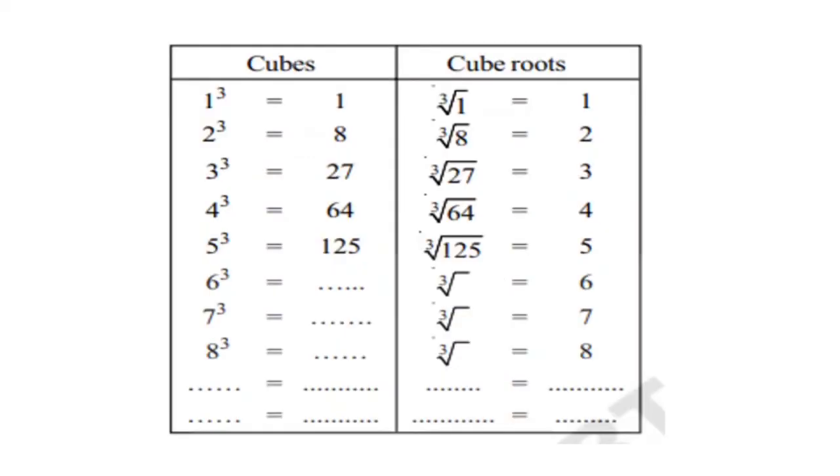Now, observe the table of cubes and cube roots. 1 cube is equal to 1, so cube root of 1 is equal to 1. 2 cube is equal to 8, implies cube root of 8 is equal to 2. 3 cube is equal to 27, cube root of 27 is equal to 3. 4 cube is equal to 64, cube root of 64 is equal to 4. 5 cube is equal to 125, cube root of 125 is equal to 5. 6 cube is equal to 216, cube root of 216 is equal to 6. You fill up all these blanks.